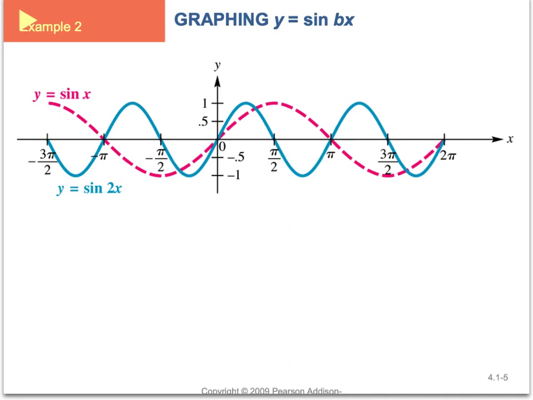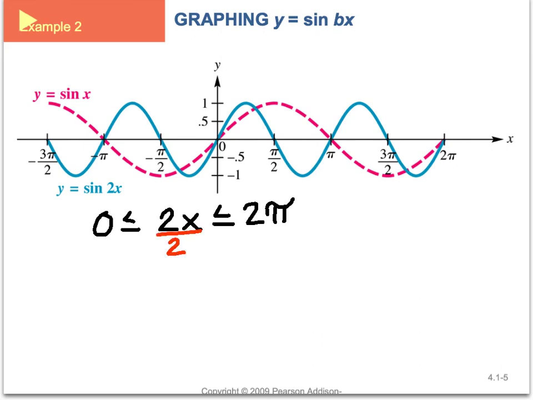So in the normal sine curve, our period is from 0 to 2 pi. So now what we want to do is find what our period is going to be for 2x. So what we need to do is say 0 is less than or equal to 2x is less than or equal to 2 pi because the normal period is from 0 to 2 pi.